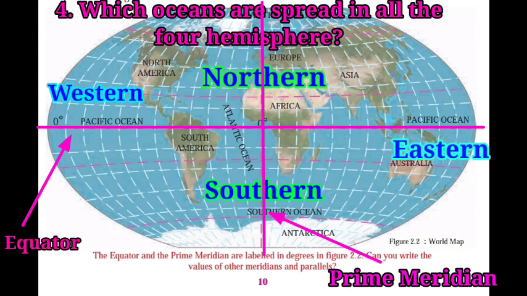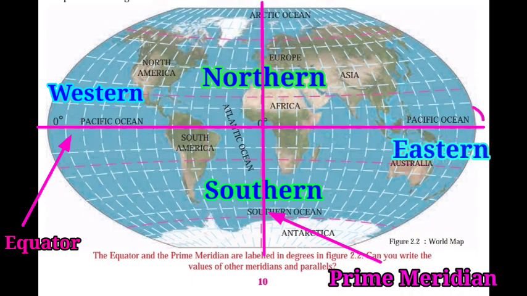You can see in this map the Pacific Ocean is spread in all 4 hemispheres, north, south, east and west. The Atlantic Ocean is also spread in all 4 hemispheres. So these are the 2 oceans which are spread in all 4 hemispheres.